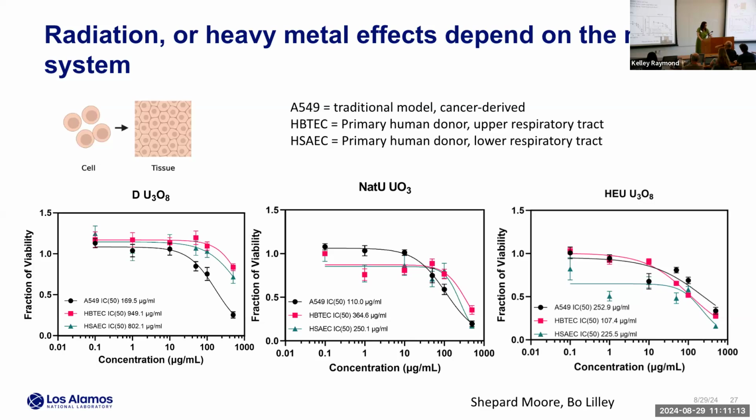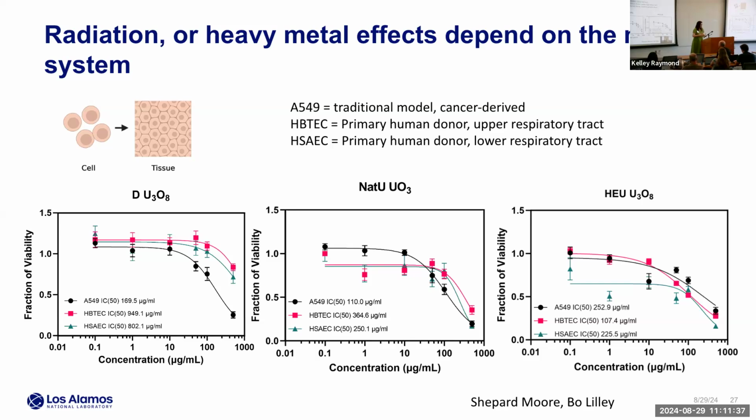Of course, it's very nice to work with cancer cells because they grow and you have a hard time killing them. But interestingly, depleted uranium did a really good job of killing A549, which is a lung cancer cell line, which we thought was unique.